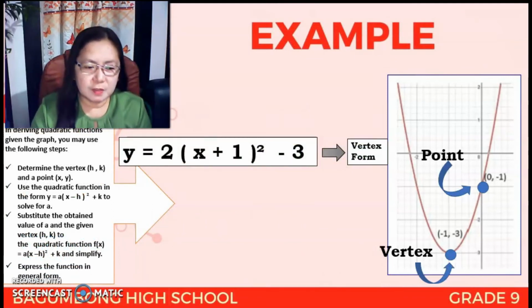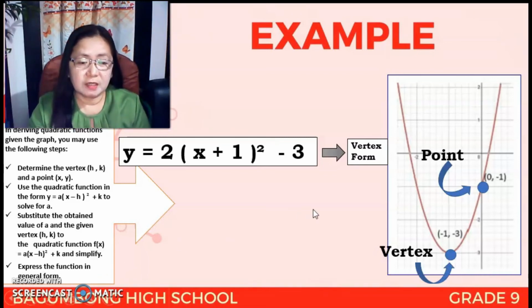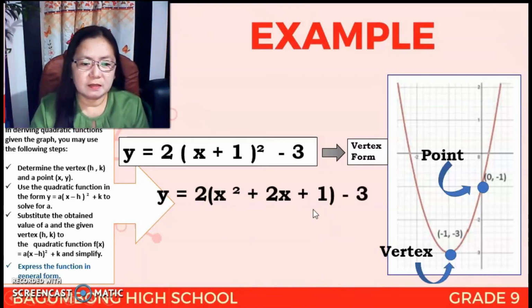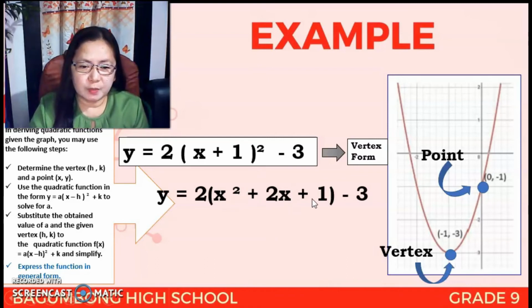The last step is to express the function in general form. So the general form is y is equal to 2 times the quantity x squared plus 2x plus 1, which is the product of (x plus 1) squared, right, minus 3.